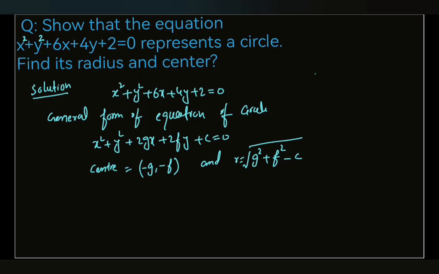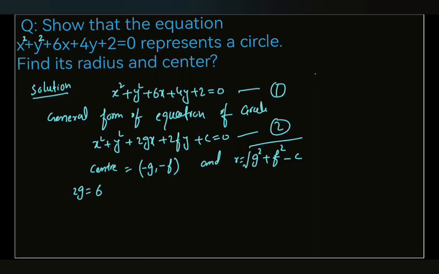So comparing, this is equation 1, let's suppose this is equation 2. Comparing the values of equation 1 and equation 2, the coefficient of x square is 1, the coefficient of y square is 1, the coefficient of x is 2g, so 2g is equal to 6.